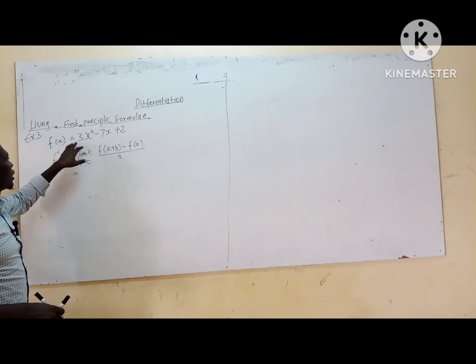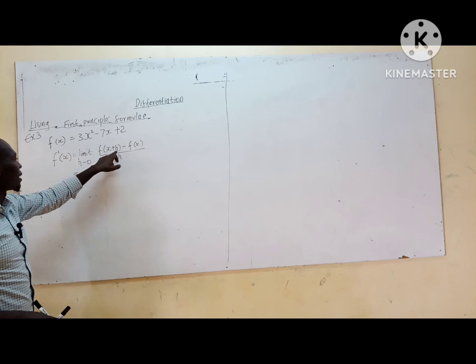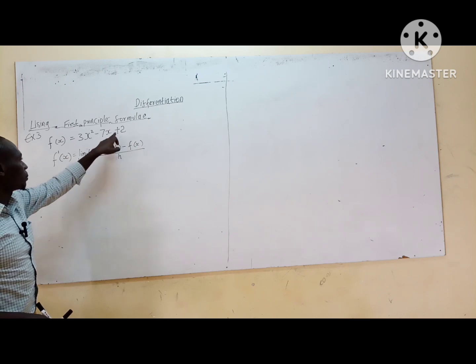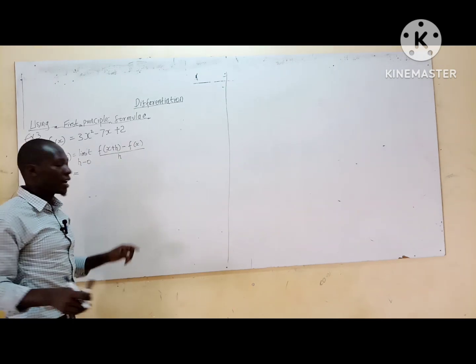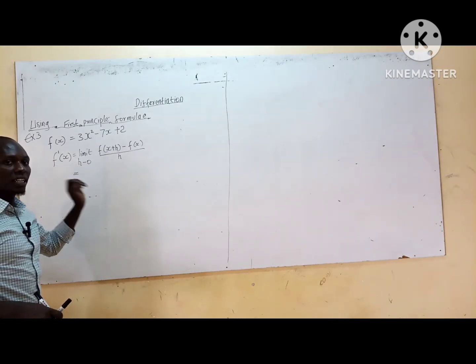To mean that in this function, here we are going to have a replacement of x plus h after writing 3, and here we are going to have minus 7 times x plus h, and lastly we are going to have 2. Since it doesn't have a term of x, we leave it at that point.